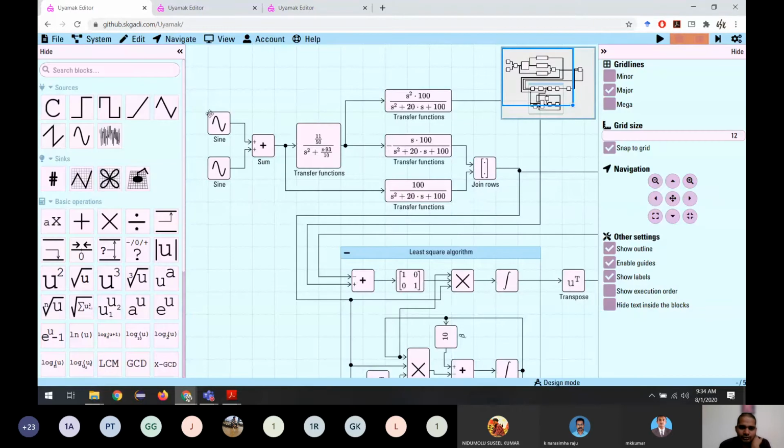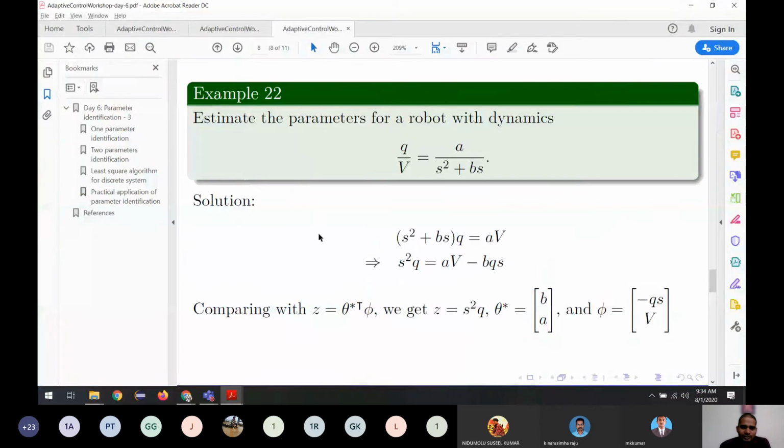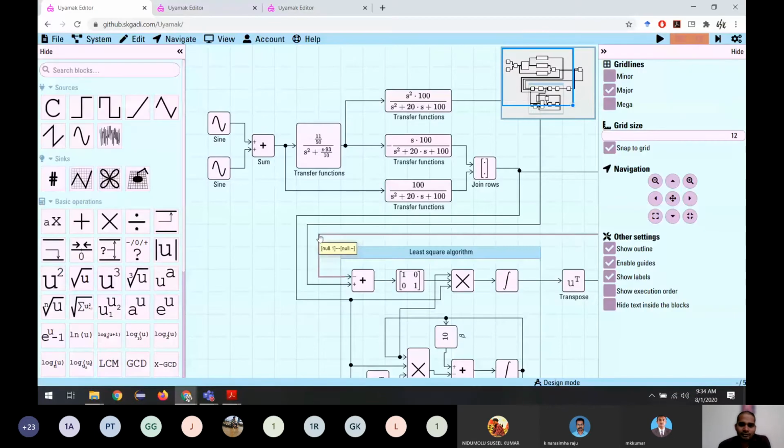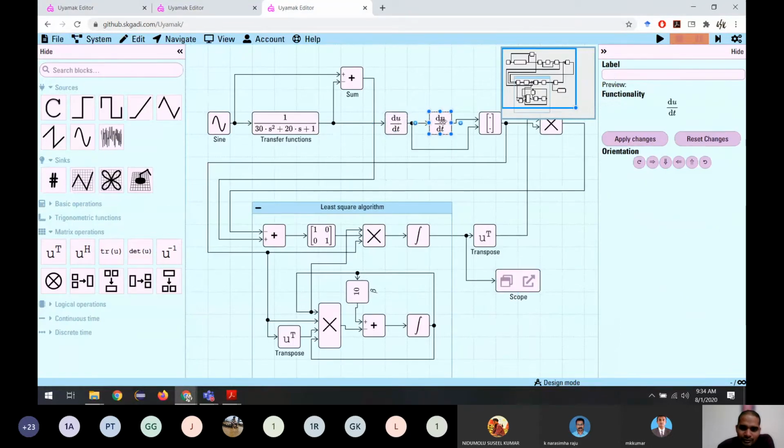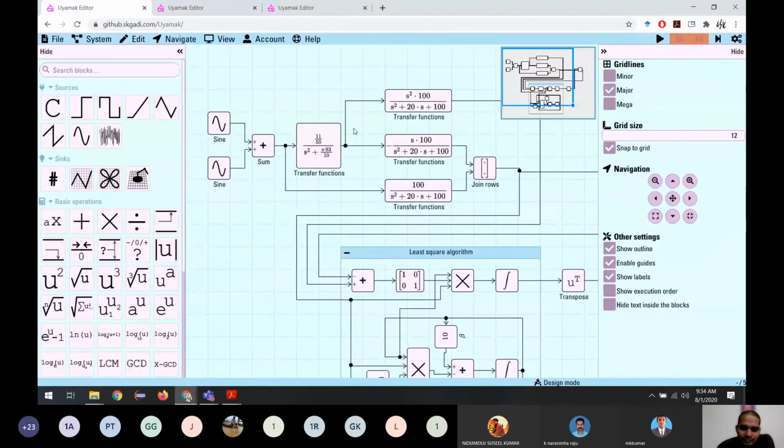Here I'm using two sine waves, and the objective is to be as realistic as possible. So I'm not going to use differentiation the way I used before. Here I'm using a derivative, doing differentiation directly, but in real life we can't do differentiation directly because of noise or some other reason.